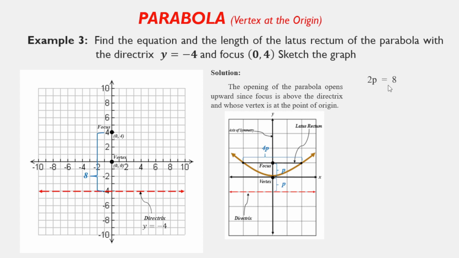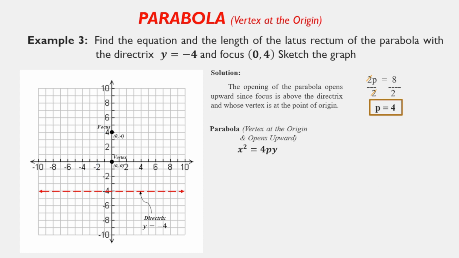In order to find the value of p, divide both sides by 2, then the value of p is 4 units. It means that from the vertex to the focus is 4 units, and from the vertex to the directrix is 4 units also. Take note that the equation of the parabola whose vertex is at the origin and opens upward is x squared is equal to 4py.